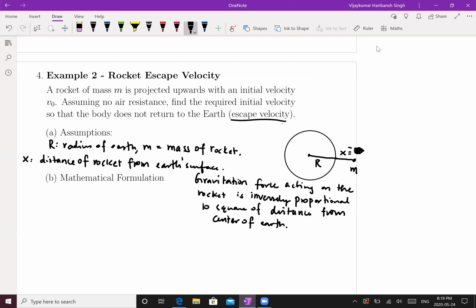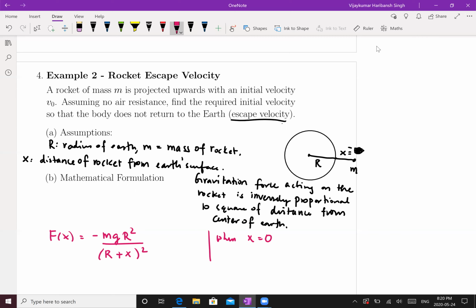In particular, you can see that this force f of x is going to be minus mg r square upon r plus x square. And when x is 0, you are on Earth's surface, right?